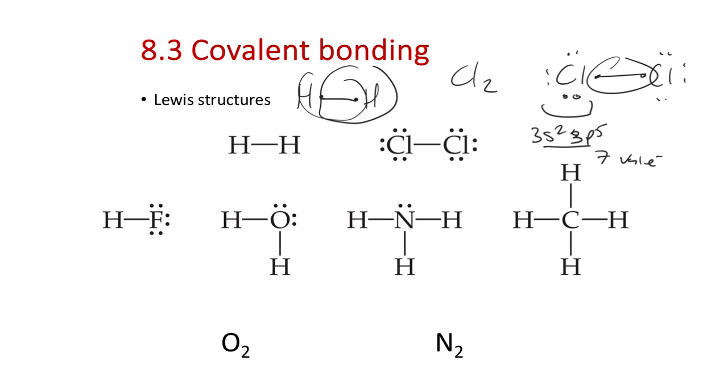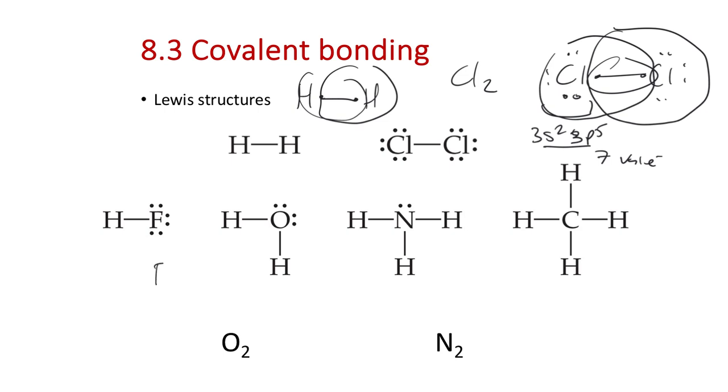They're each deficient of that noble gas configuration by 1 electron. So if they make a single bond, each chlorine now has 8 electrons closest to it. Sometimes we call this the octet rule, because for things other than hydrogen and helium, they tend to form with 8 valence electrons surrounding them, either through forming ions in ionic compounds or, in the case here, through sharing electrons in covalent bonding.